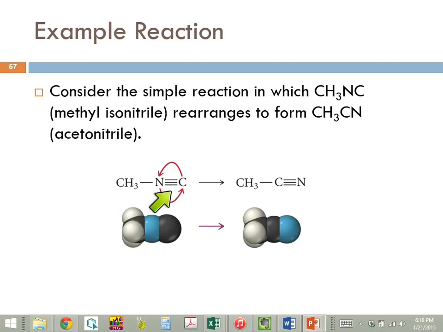There's one reactant and one product, and the only thing that's happening here is that the nitrogen and the carbon are switching places. In methyl isonitrile, the nitrogen is in the middle and the carbon is on the end. And in the acetonitrile, the carbon's in the middle and the nitrogen is on the end. Okay, so that's the reaction we're going to look at.